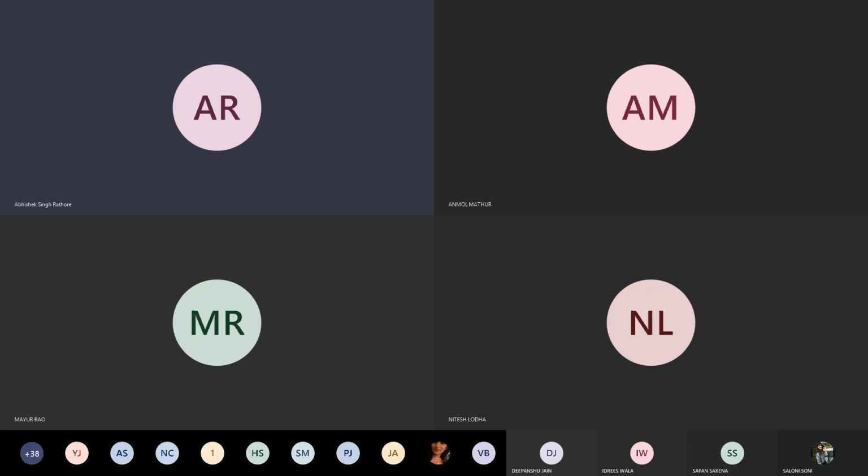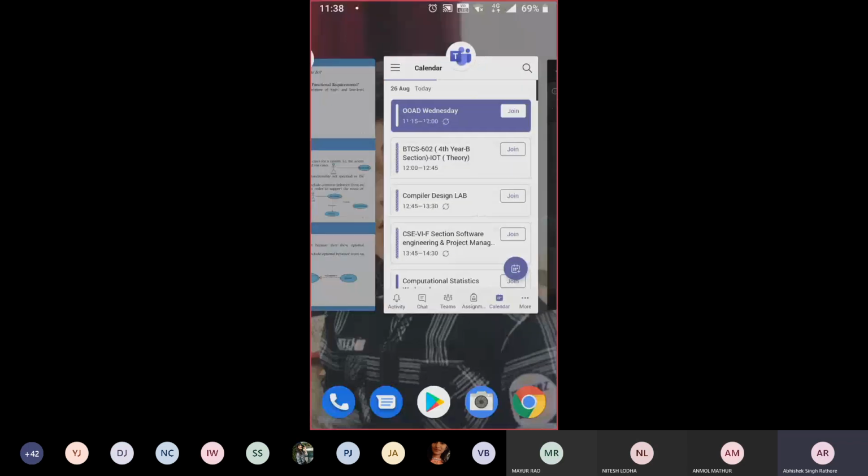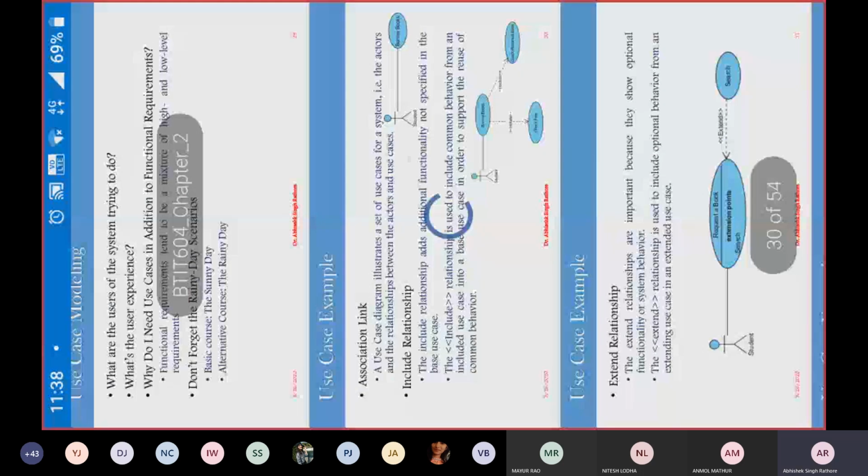But the problem associated with the alternate course is that the student doesn't exist in your system. When the user doesn't exist in your system, this might be an alternative course, the worst condition of your system, that is, user not available. So we have to consider the rainy day scenario, that is, the worst cases.